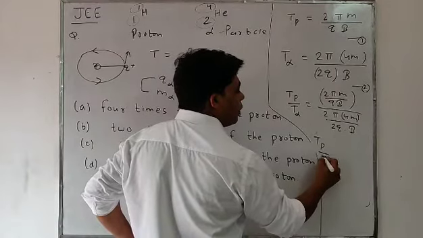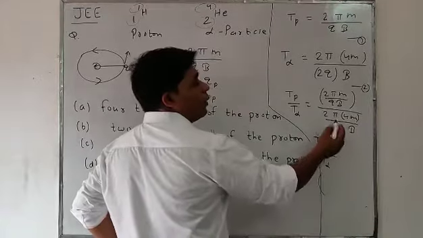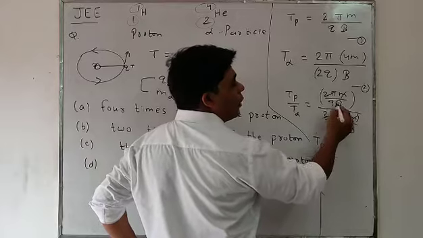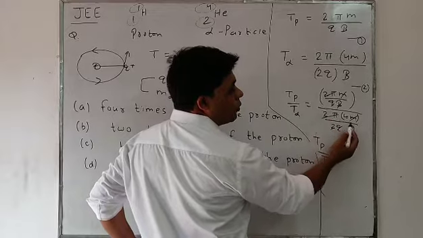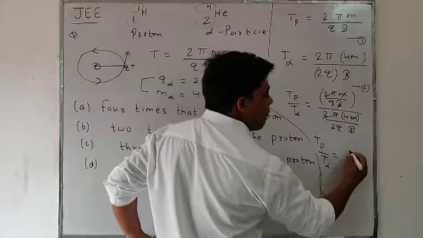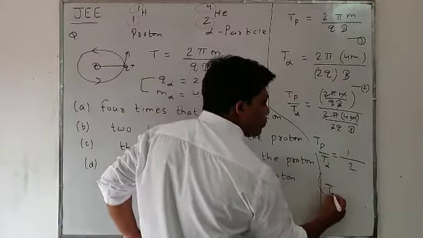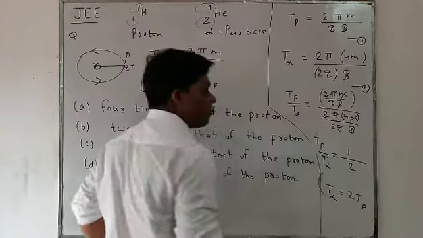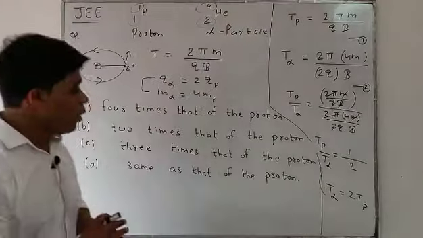So T proton by T alpha will come as, look, 2 pi cancel out, m and m cancel out, qB and qB cancel out, and finally students, 2 and 4 cancel out, remains only 2. So T alpha, cross multiplying, is twice that of proton. It means the time period of the alpha particle is twice the time period of the proton.